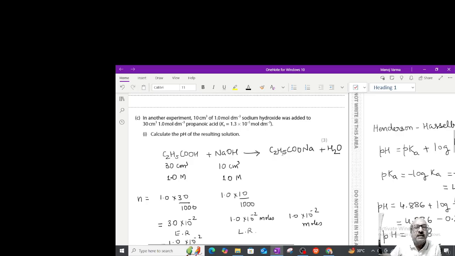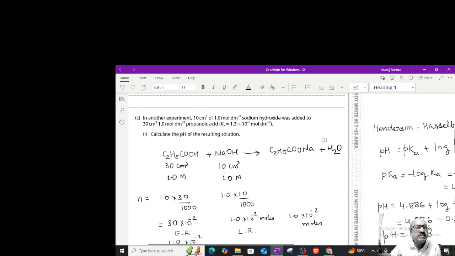You will get sodium propanoate and water, but you have to be very careful here about the number of moles of the NaOH and propanoic acid being used. We have 10 cm³ of 1 mol/dm³ sodium hydroxide and 30 cm³ of 1 mol/dm³ propanoic acid.